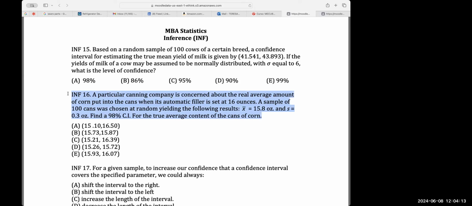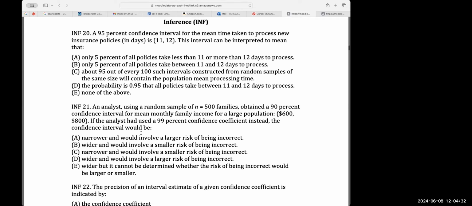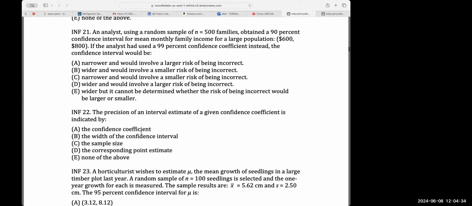There's no population standard deviation, so it's 6. So that's the thinking process. First, proportion or average. Second, if it's average, do you have the standard deviation? So it is 6.